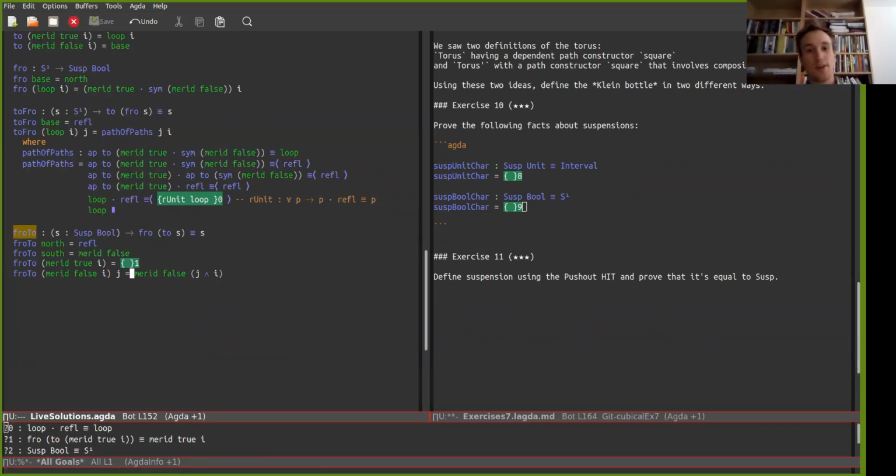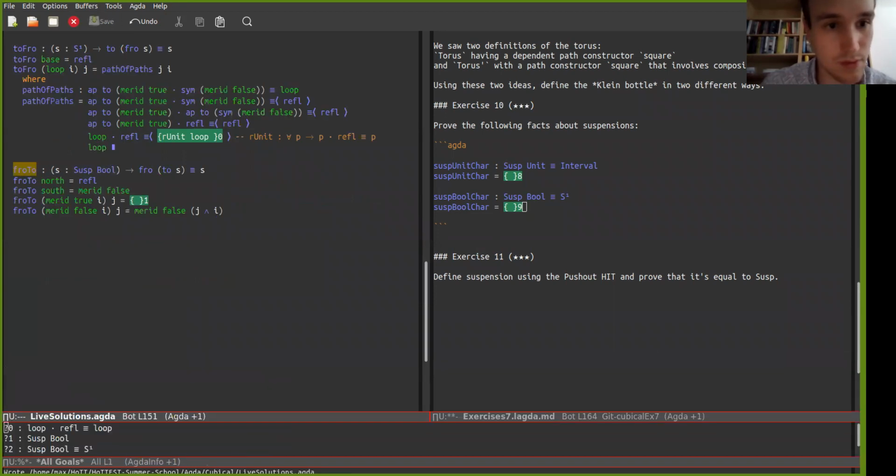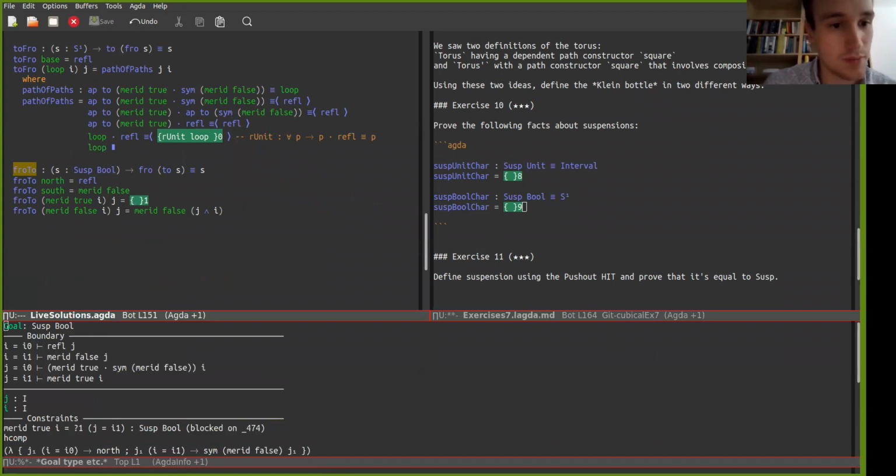So this is already tricky enough, maybe, but this one is quite tricky. Can give it a J, I guess, and then you have 4 boundaries.